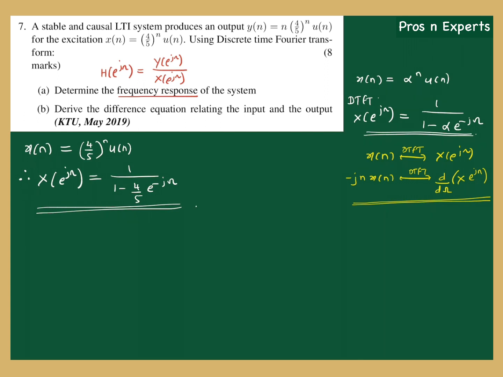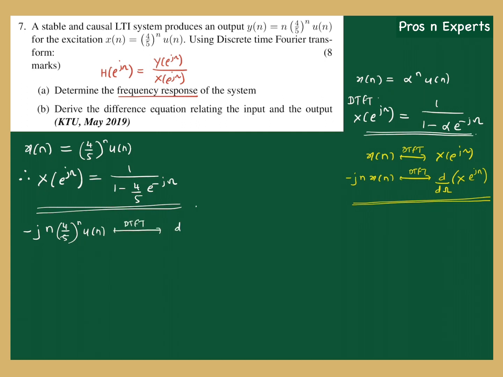So we can say that our aim is to find out the Fourier transform of n into (4/5) raised to n u of n, but minus j into n into x of n has the Fourier transform given by differentiation. So I can write that minus j into n into (4/5) raised to n u of n will have a DTFT.